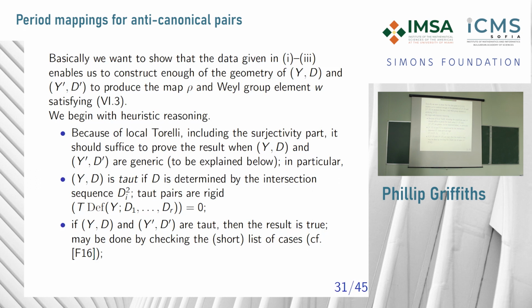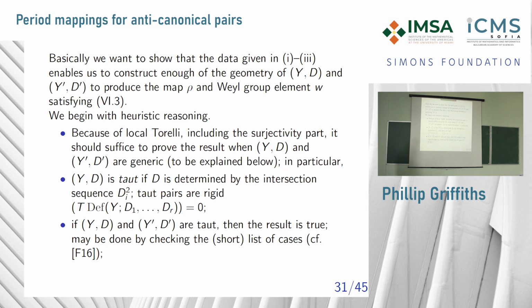So a taut pair is one that's determined by the intersection sequence alone. You just give that sequence of numbers, and then you get Y comma D. Then if you have two taut pairs, that's the same thing as saying that the local moduli are trivial. Doesn't mean that they're the same, but it means that locally they don't vary.